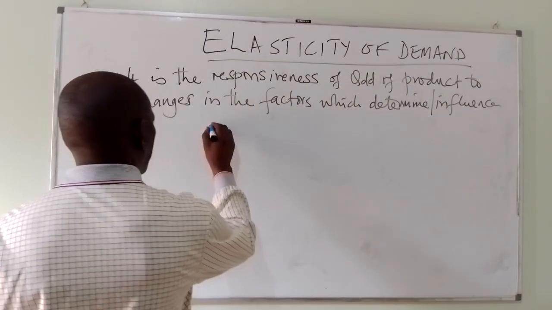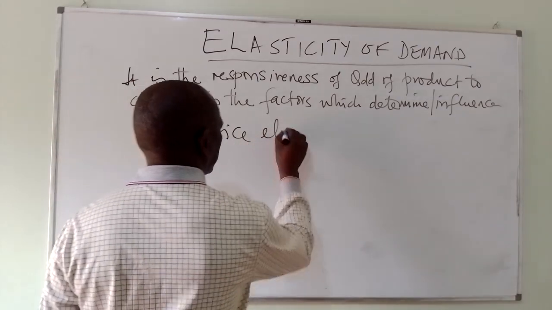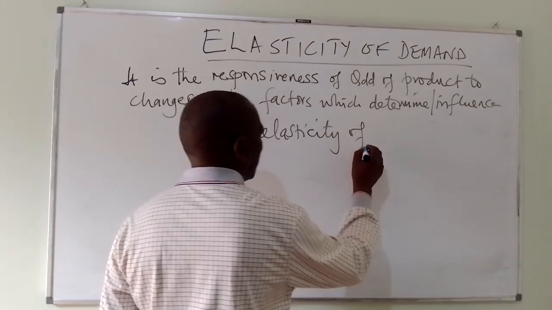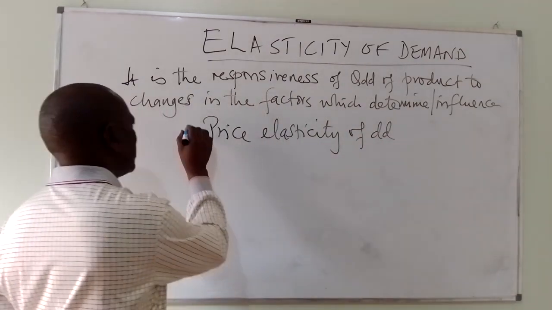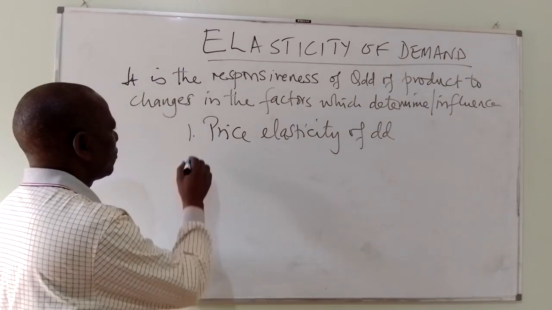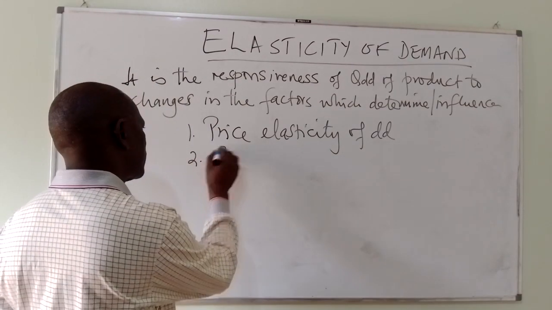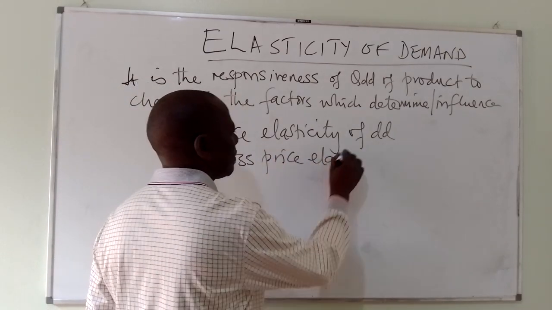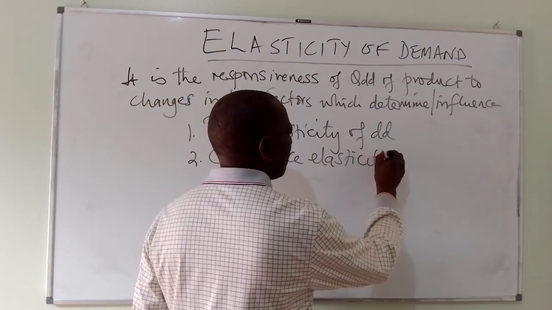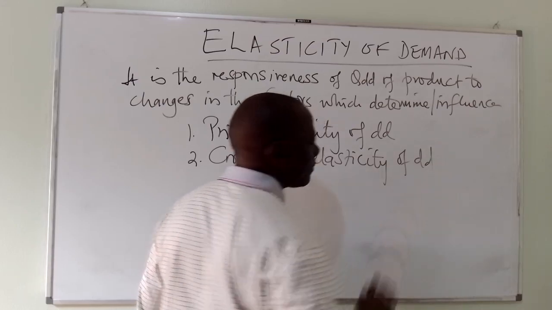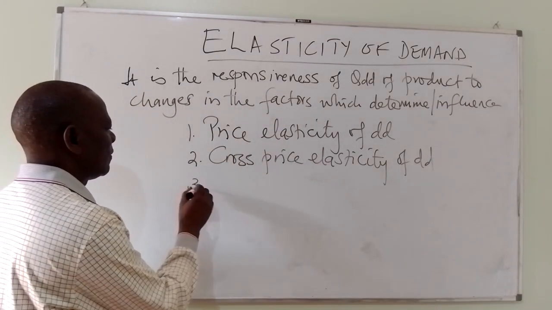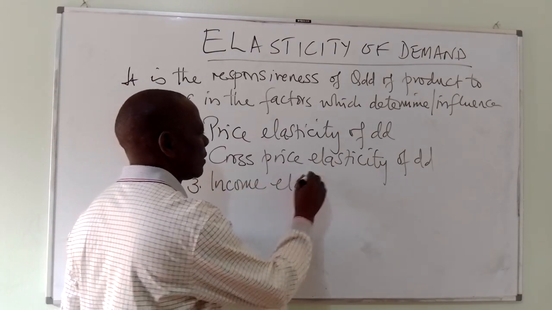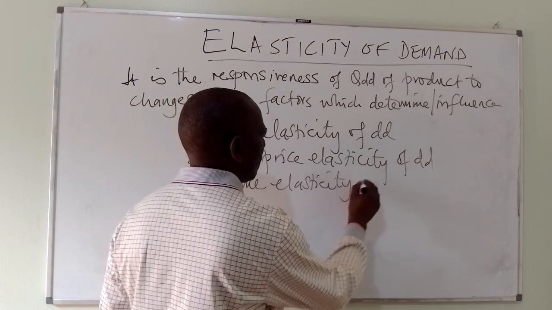We are going to consider the price elasticity of demand. That is number one. Then we are going to look at cross price elasticity of demand. Then the third one is going to be income elasticity of demand.